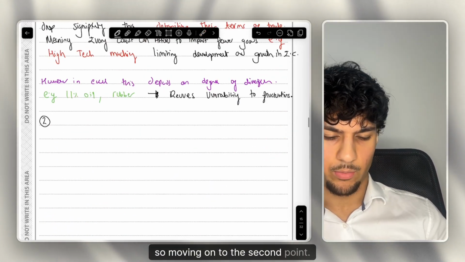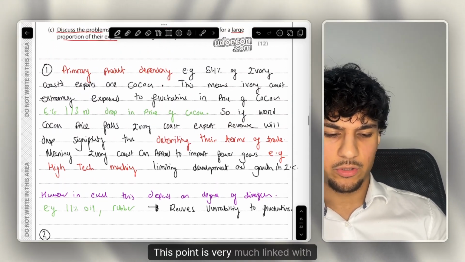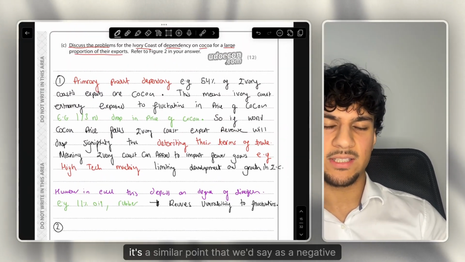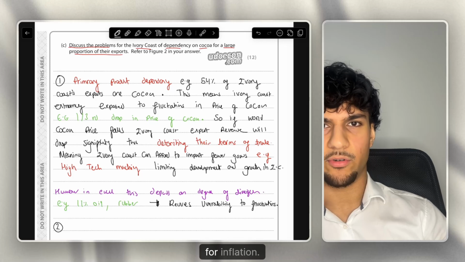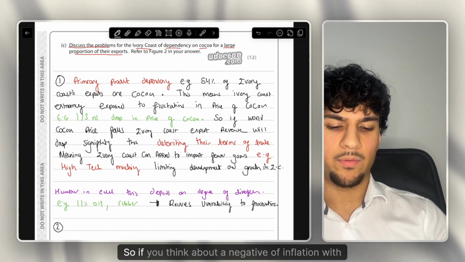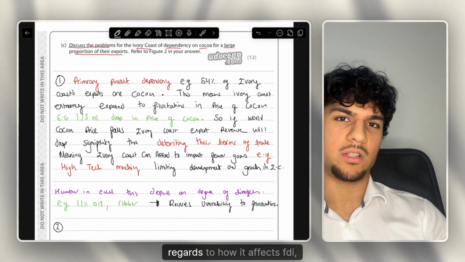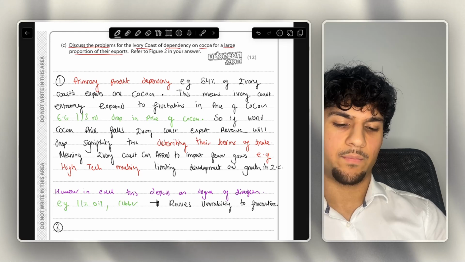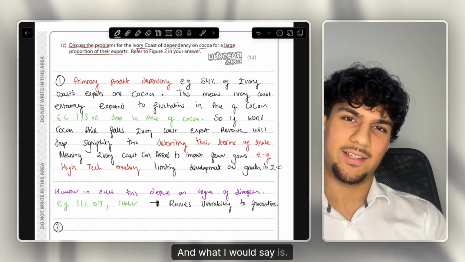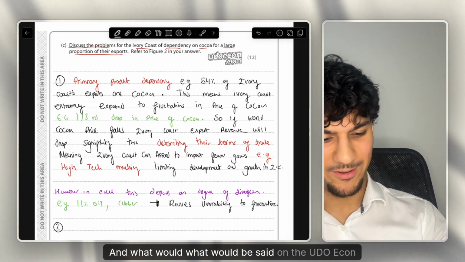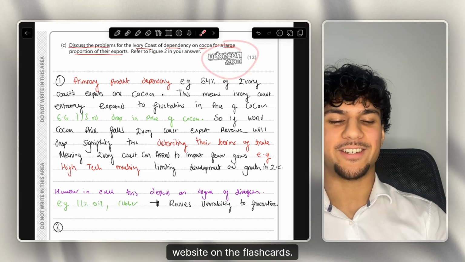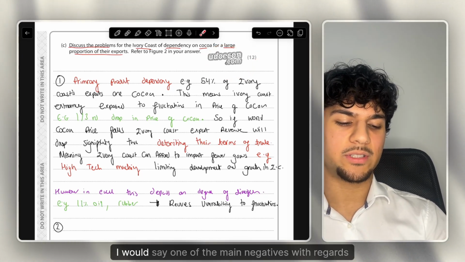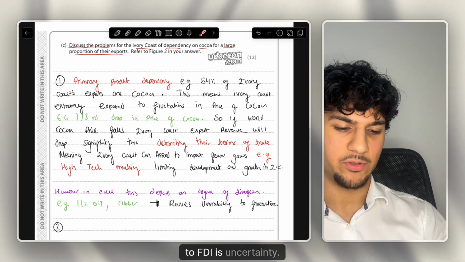Okay, so moving on to the second point. This point is very much linked with, it's a similar point that we'd say as a negative for inflation. So if you think about a negative of inflation with regards to how it affects FDI, what would you say? What I would say, and what would be said on the You Do Econ website, on the flashcards, is that one of the main negatives with regards to FDI is uncertainty.